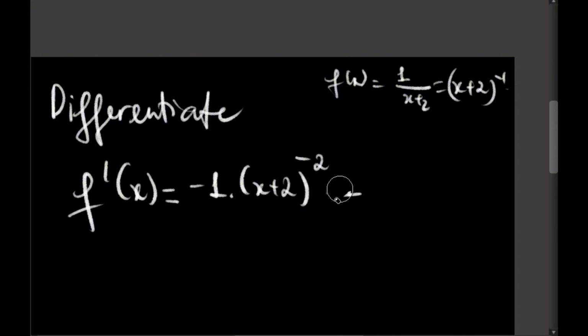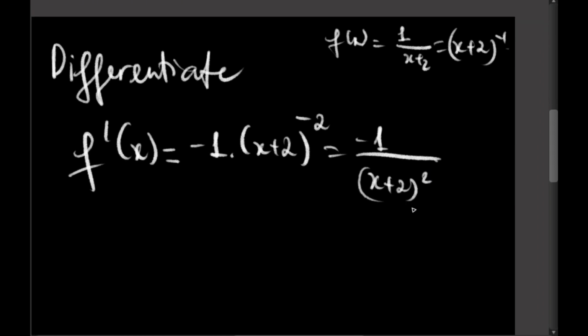So we can just delete this, and what we have is this fraction. This is the first derivative, the first order derivative, and now we're going to find the second order derivative.